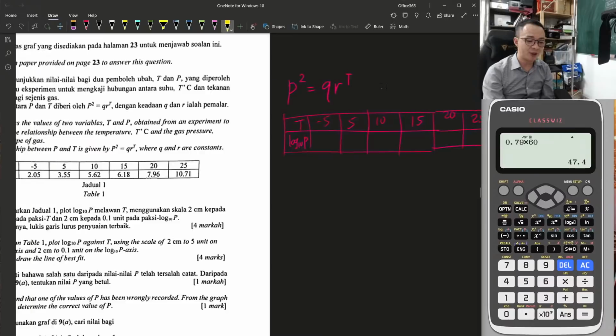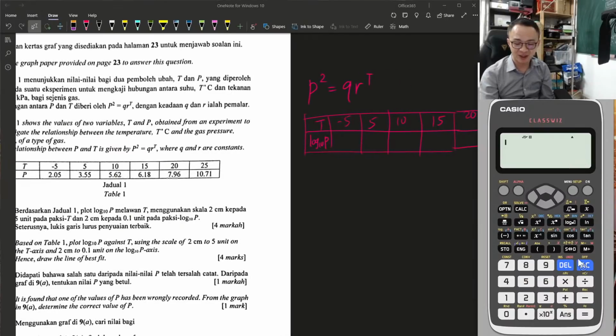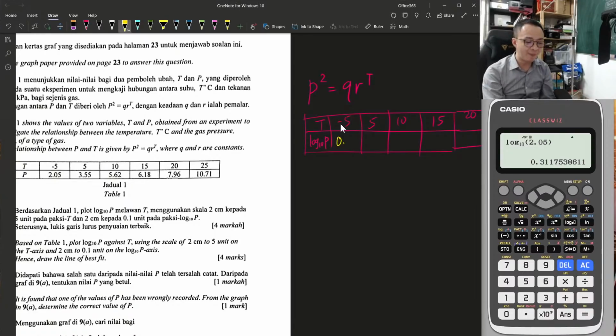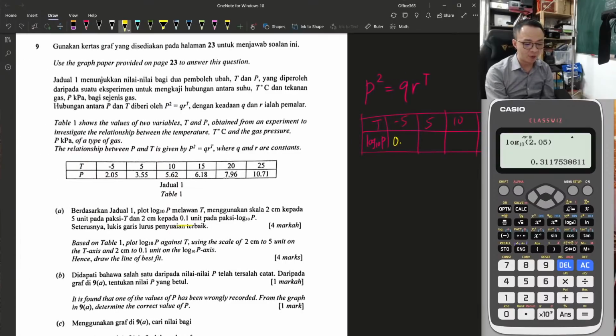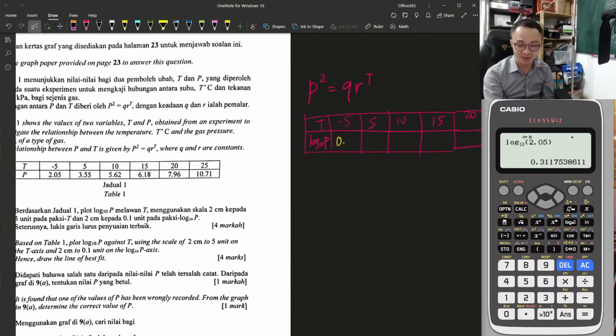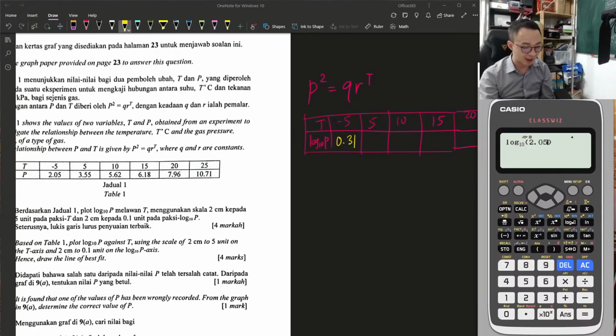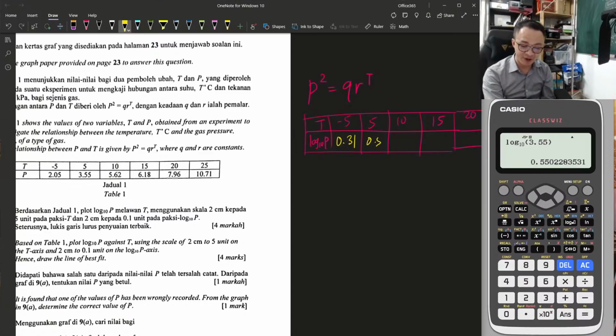So for log 10 p, what you need to do is just take log 10 one by one. Like log 10 of 2.05, this one is 0.31. How many decimals depends on my log 10 axis. This is 0.1, which means I add one more decimal, so it can be up to 2 decimals. The next one is 3.55, then this one will be 0.55.